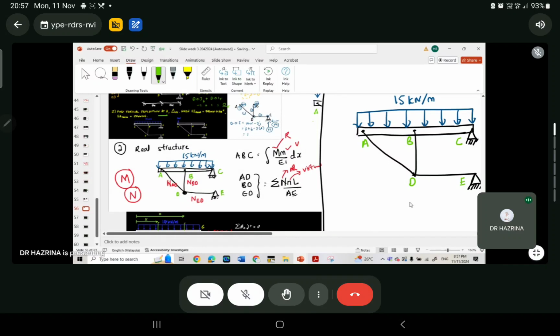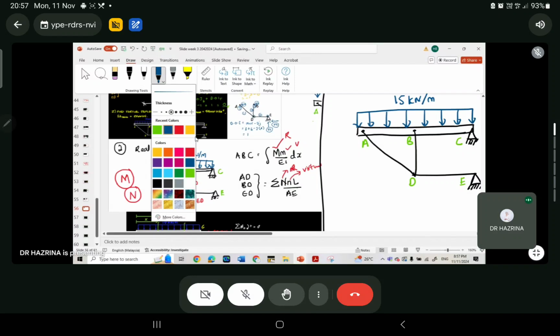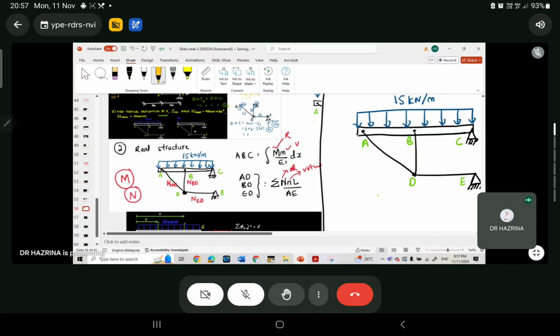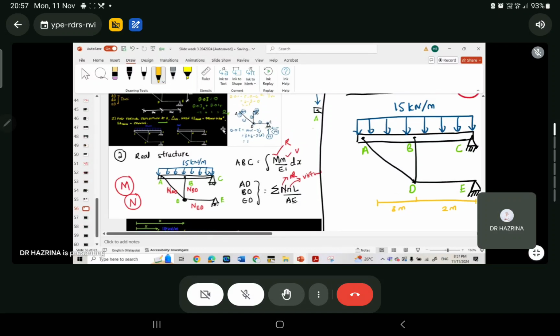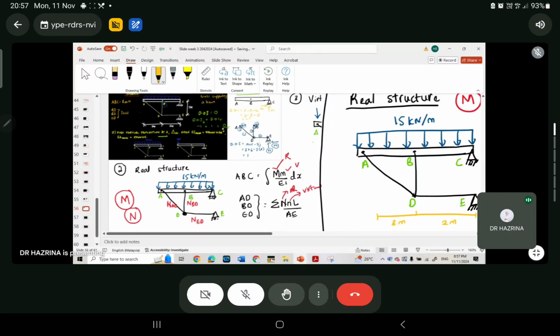3, 2. Wait, the length is, let me make it yellow. So the length is 3 meter, 2 meter, and then here is 2 meter.